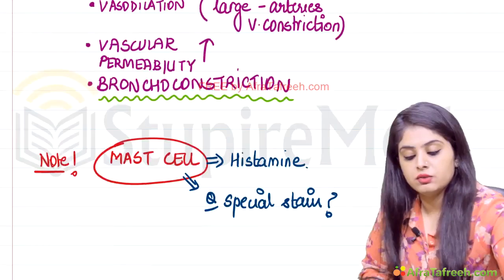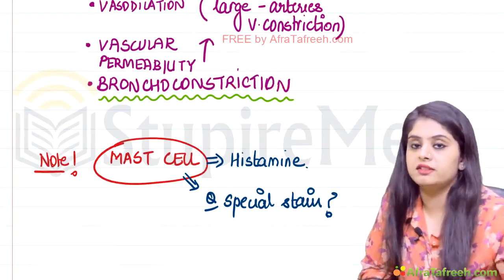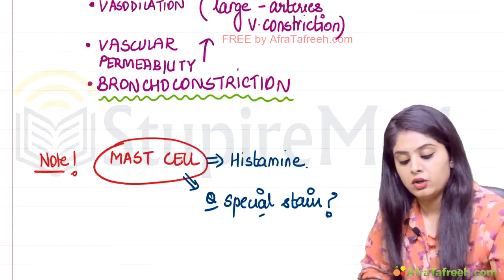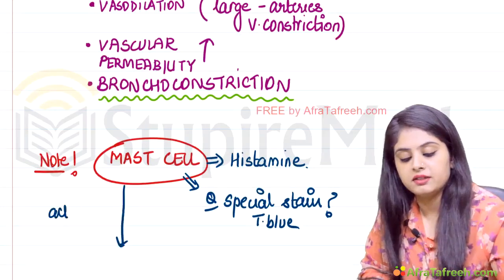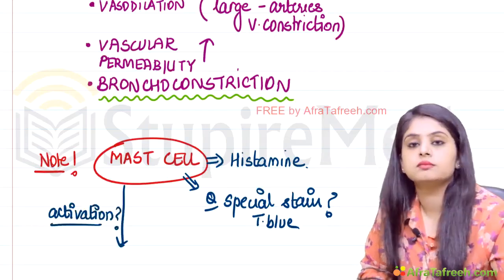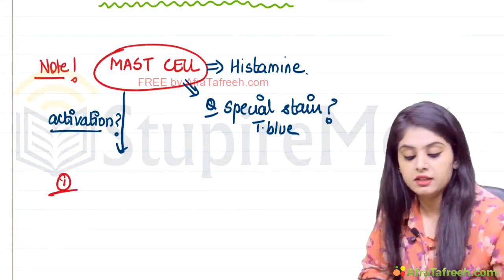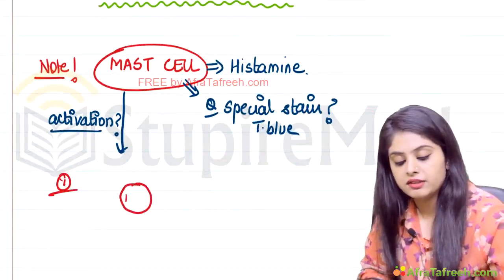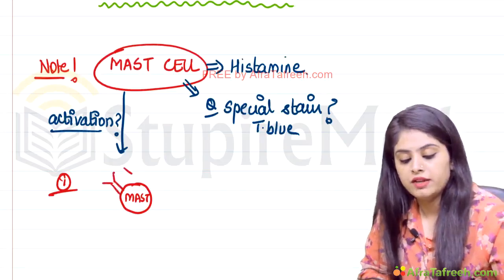The next question, students, that you can get, once you've understood that mast cell releases histamine and is stained by toluidine blue, is: how are the mast cells activated? What can result in the activation of the mast cells? So remember, the first point by which mast cells can be activated, if this is a mast cell, for example, is when it gets coated by these immunoglobulins.